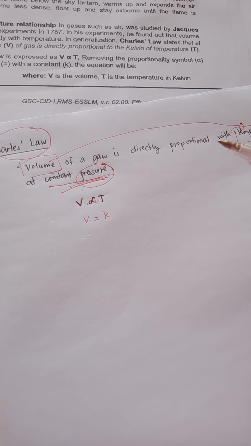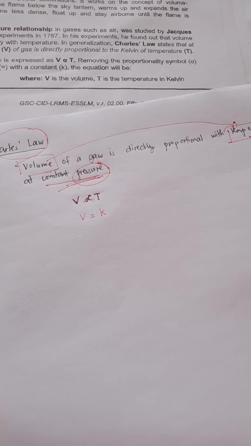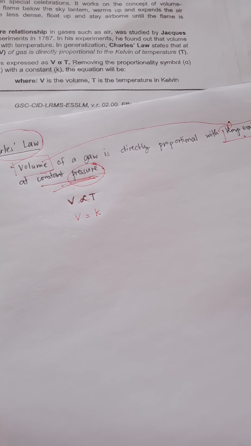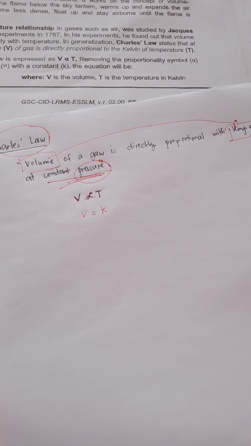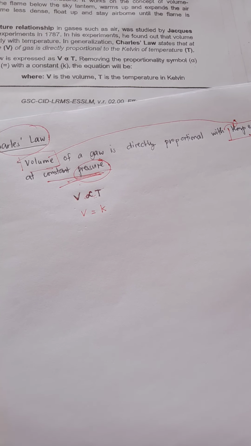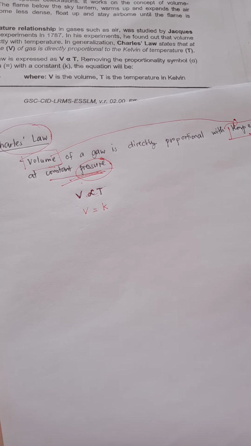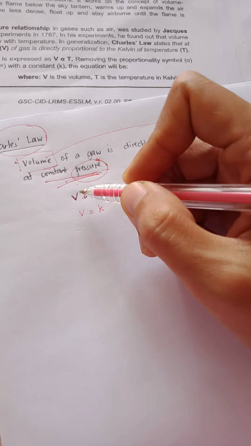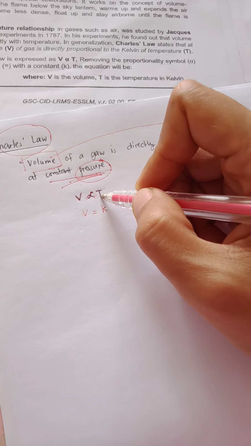Pag sinabi mong directly, same sila ng direction, kung increasing both or decreasing both. Tapos, kung inversely naman, baliktaran. Yung isa is increasing ang value, yung other one naman is decreasing. So, for this, ang sabi dyan, volume is directly proportional with temperature.